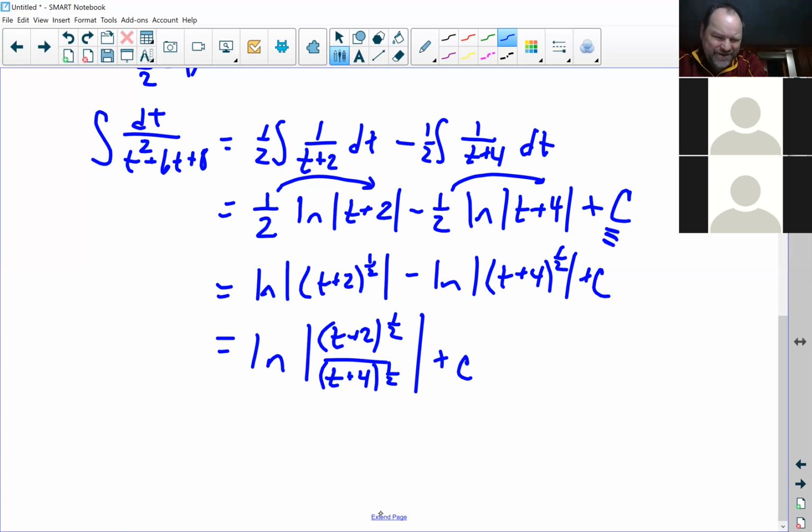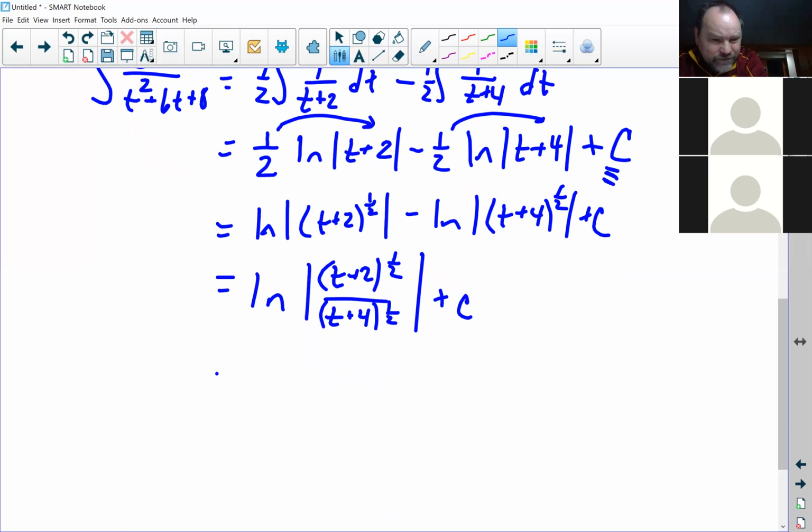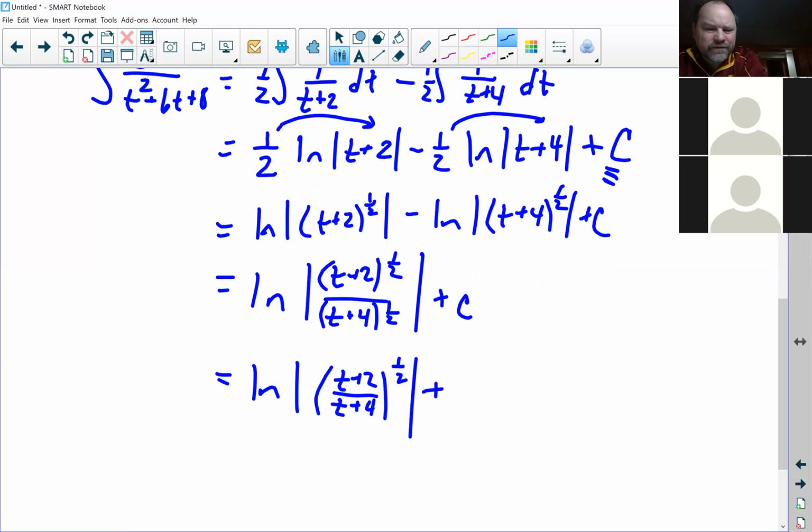They may actually have, and I don't remember in the answer key if they took it one step further and just said this is t plus 2 over t plus 4 all to the 1/2. They might have. So any of these are all equivalent and are all acceptable answers.